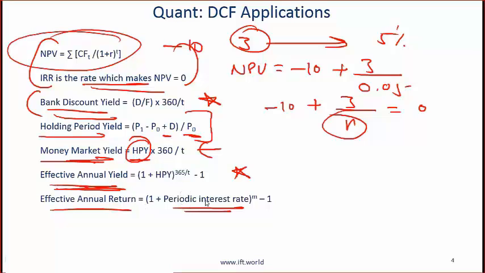So 1 plus the 6-month holding period, what is M? M is 2 because there are 2 periods. That is exactly what's happening here. Now here there is a certain holding period, and then what is this exponent? That exponent is simply the number of periods. So if holding period yield is for a 30-day period, then 360 over 30 is approximately 12. So there are 12 periods. So these two are effectively the same thing.